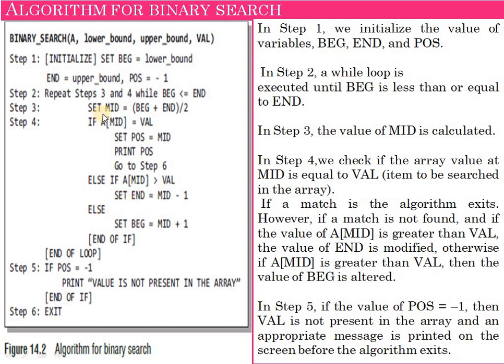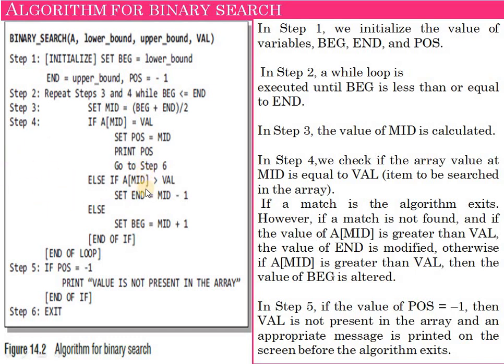Then we check again for those elements. We again calculate the mid for that part and check whether the new mid element is the value, then just display the position. Otherwise we again divide the elements based on left or right.